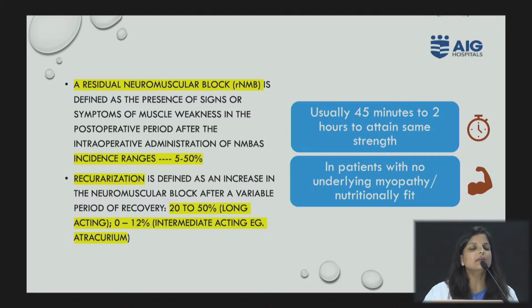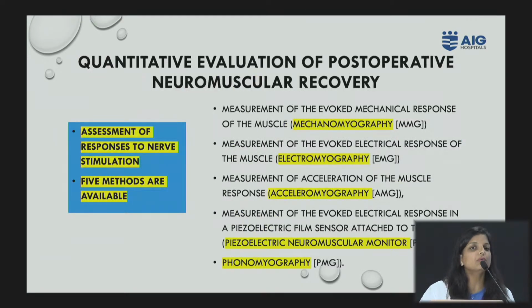Usually we know that a patient takes 45 minutes to 2 hours to attain the same strength as the preoperative period. And this I'm talking about in a patient with no underlying myopathy, a nutritionally fit patient. So how do you evaluate such a patient? How do you evaluate the recovery?